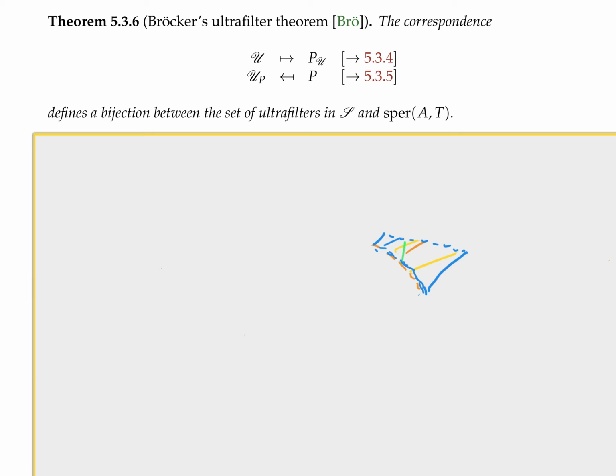But since the fattening is an isomorphism of Boolean algebras, we have that the set of all S in S such that PU is in the fattening of S is a filter in S. Because if I took here a fattening of S instead of S, then I would of course have a filter of a Boolean algebra of constructible sets in the real spectrum of AT, which is defined by one of the points in the real spectrum of AT. Okay, so this is a filter in S.